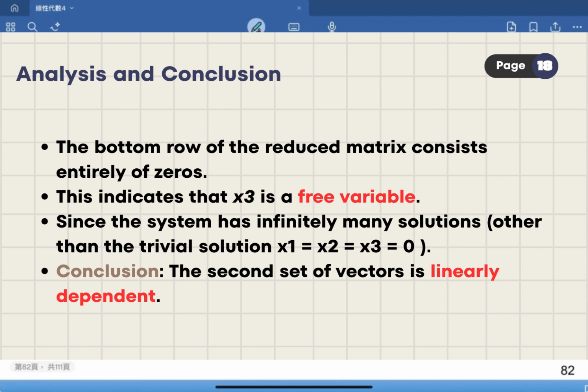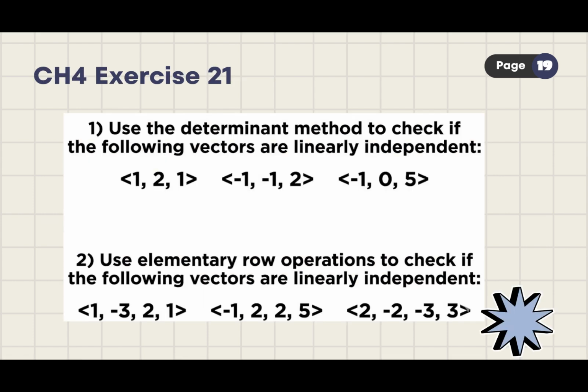So V1, V2 are linearly independent, and V1, V2, V3 are linearly dependent. Determinant method: use it when the number of vectors equals the dimension of the vectors, such as 3D vectors forming a 3 by 3 square matrix. Core concepts.